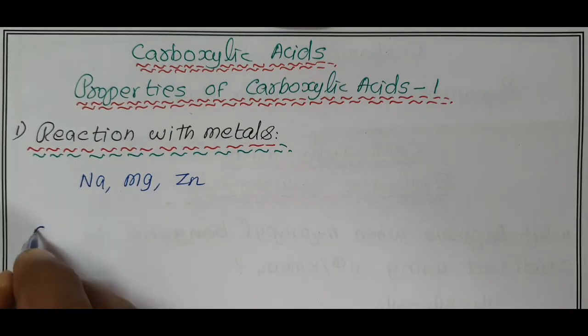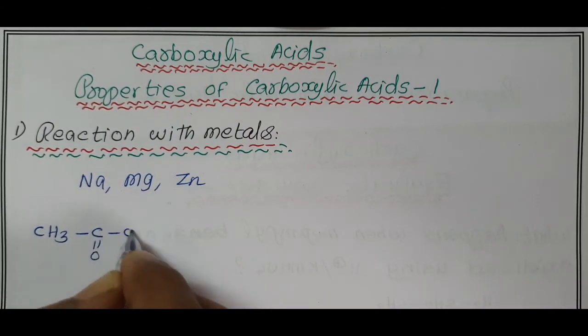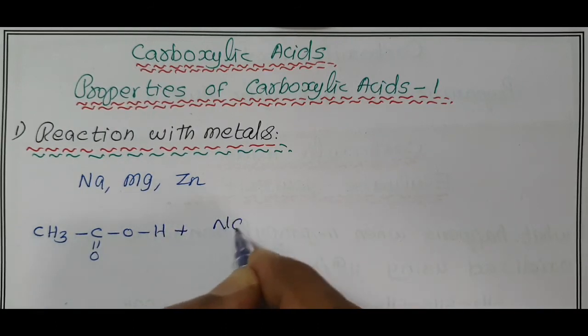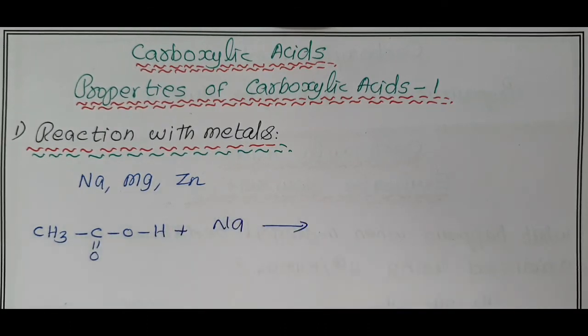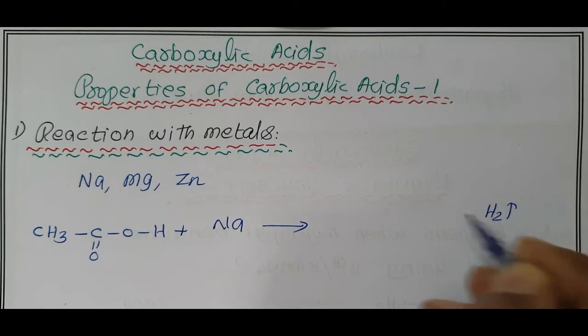For example, acetic acid CH3C=OOH when treated with metallic sodium gives CH3C=OONa. One hydrogen is liberated as H2 in gaseous state.